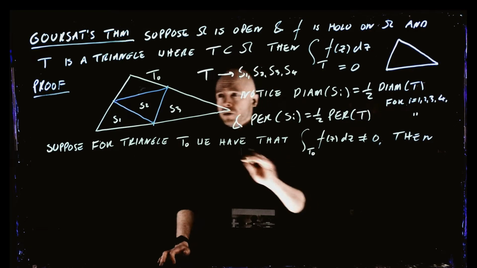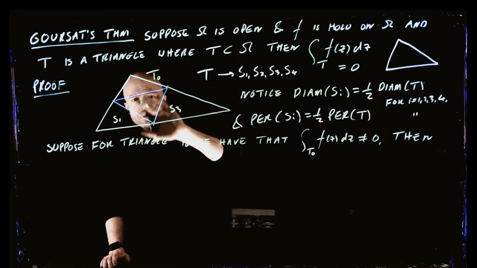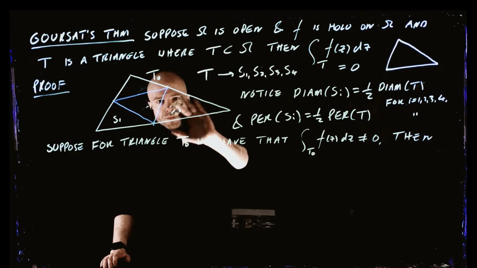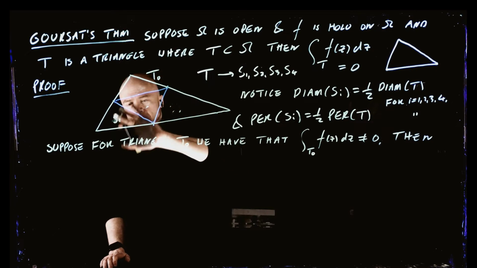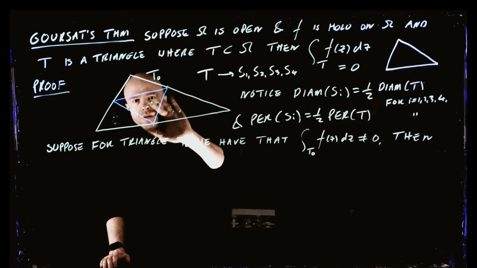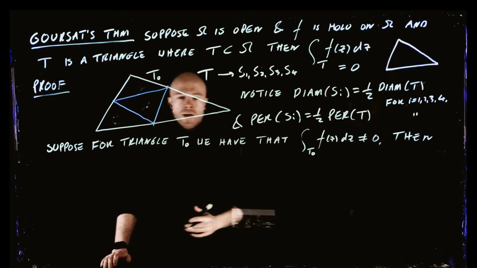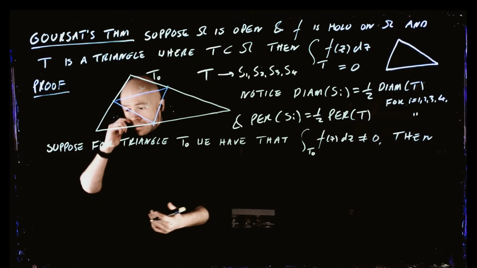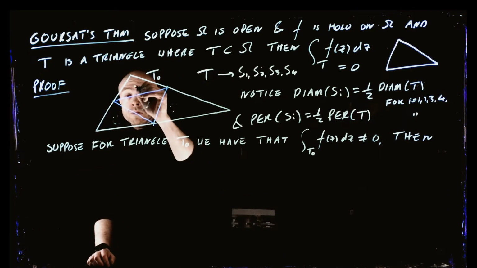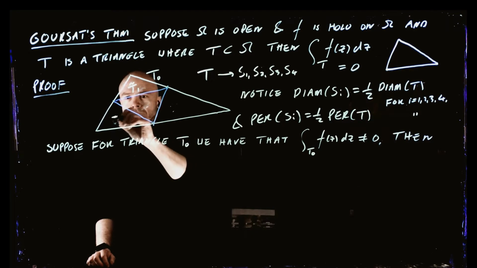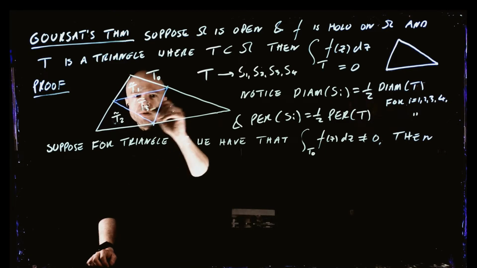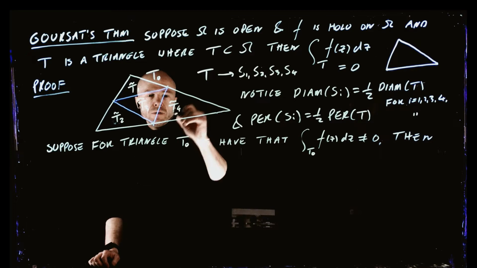And now we're going to form children. Okay. We're going to cut it into 4 in this way. Yeah. And let's call the 4 children T tilde 1, T tilde 2, T tilde 3, T tilde 4.